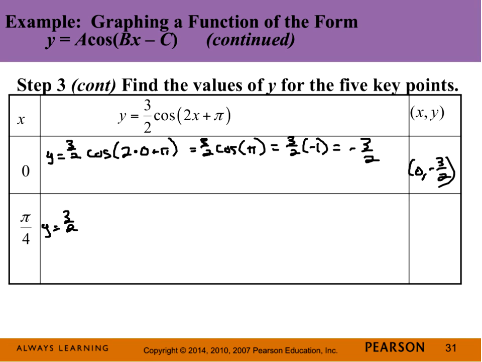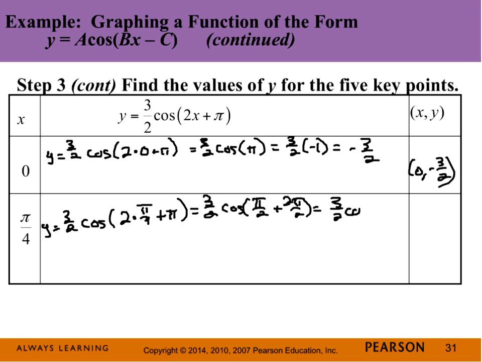All right, y equals 3 halves times the cosine of 2 times pi over 4 plus pi. And that is 3 halves times the cosine of pi over 2 plus, I'm going to go ahead and get my common denominator, 2 pi over 2, which is 3 halves times the cosine of 3 pi over 2.